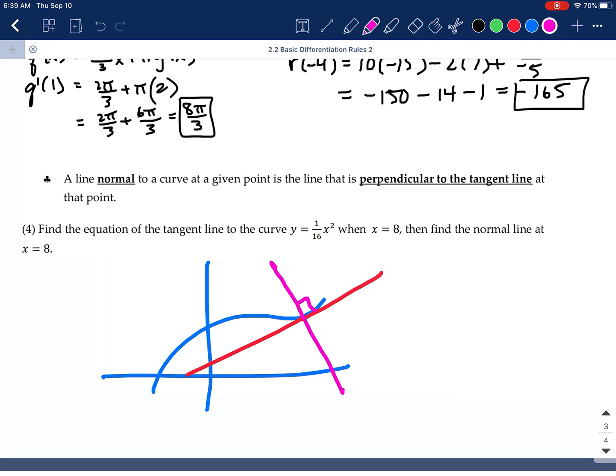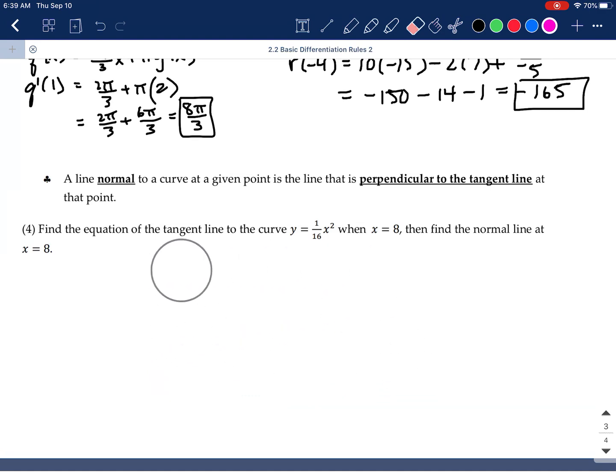And the normal line has applications in physics for three-dimensional spaces. So if we want to find the orthogonal vector to a curve that's tangent at a point, that would be the orthonormal line. And so this line normal is just a two-dimensional representation of that.